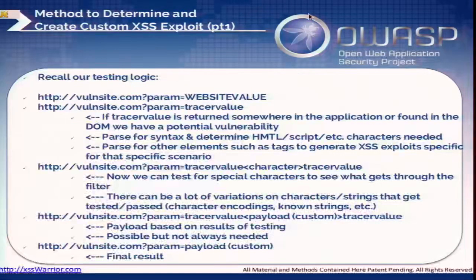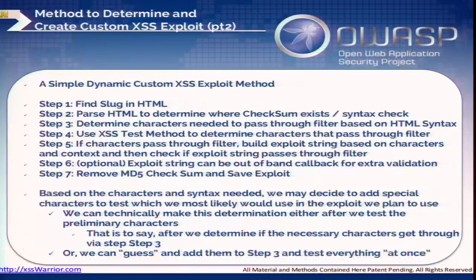All right, so this is an example of what I was describing earlier of building the logic behind a dynamic payload, a dynamic exploit, which is, essentially once you have the characters, the payload is based on what gets through your table, and then you have the final result. And then this is another example of pretty much the same kind of thing.